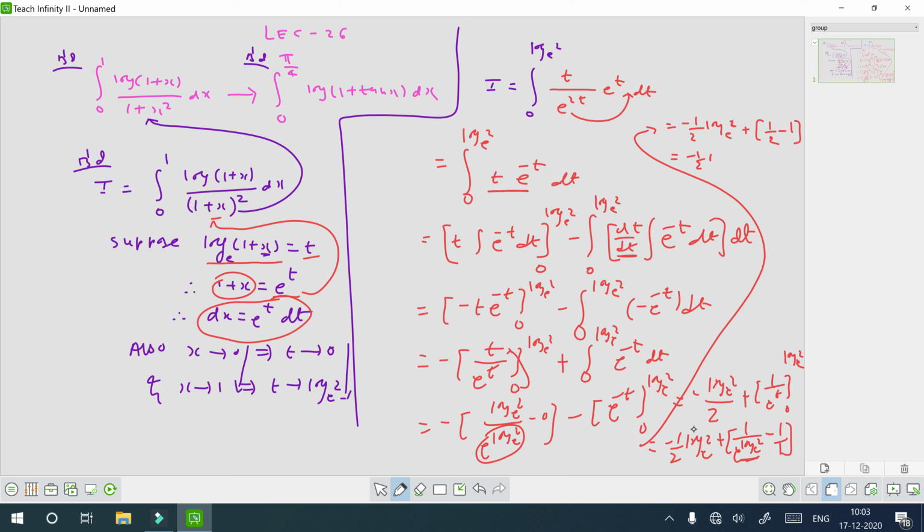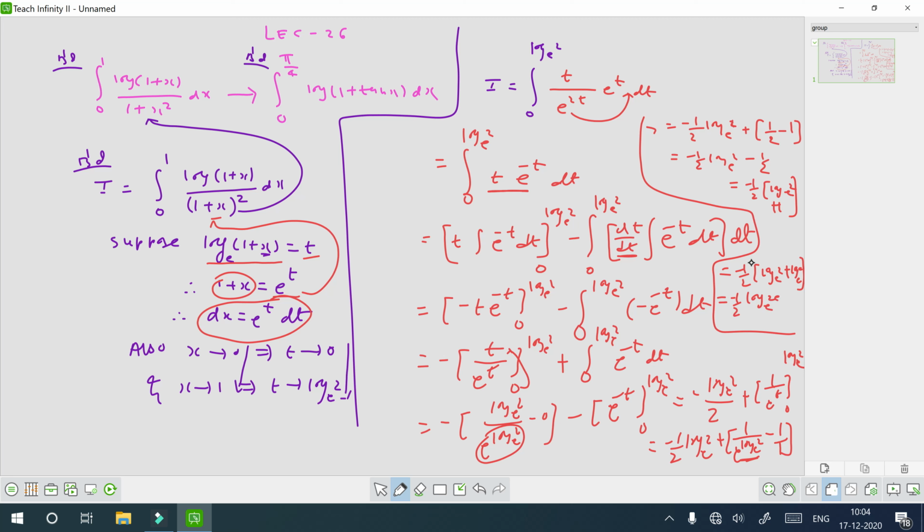So minus half log 2 base e minus half. Minus half common, log 2 base e plus 1. That is equal to minus half log 2 base e plus log e base e, in place of 1 we can write it. So minus half log 2e base e. This is the answer. This is an important example for board exam.